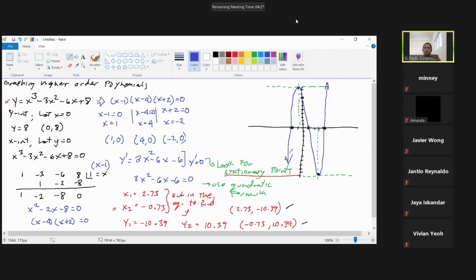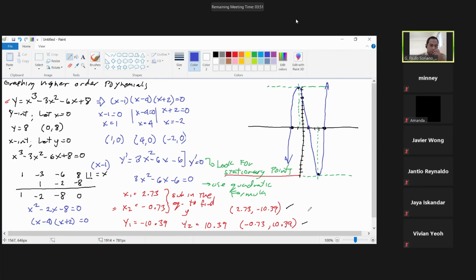So logically, we reason that the graph must go up there, turn, go down, get these 2 points, turn again, and then go up. That's how we logically explain this. But what if we are not graphing and we just see this point and this point? Is there a way to determine if it is a maximum or a minimum point? I'm going to leave it for you to think about, and we will discuss it next meeting.